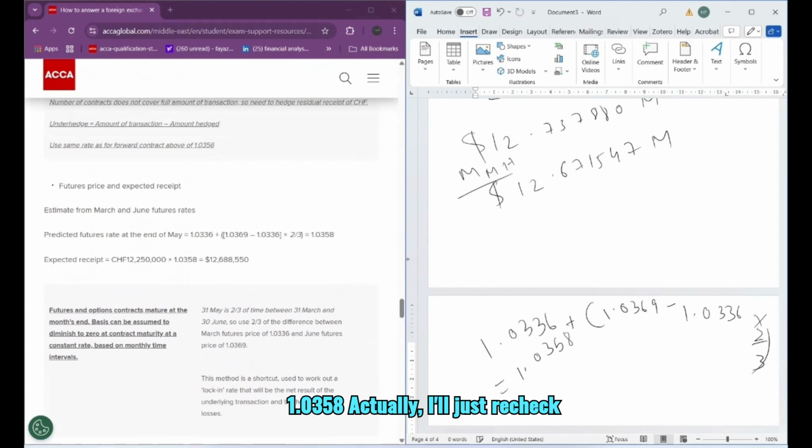Actually, I'll just recheck in my calculator, because that sounds more authentic. 1.0369 minus 1.0336, into 2 divided by 3, plus 1.0336. Yeah, so 1.0358 is the correct futures price here in our case.